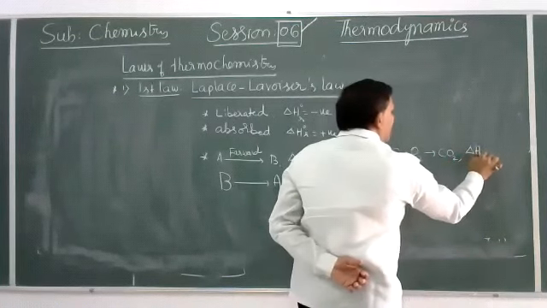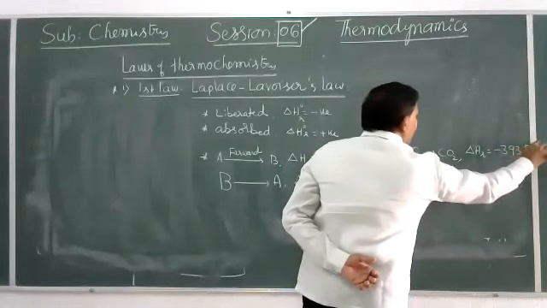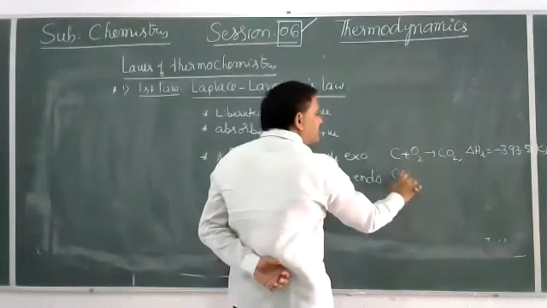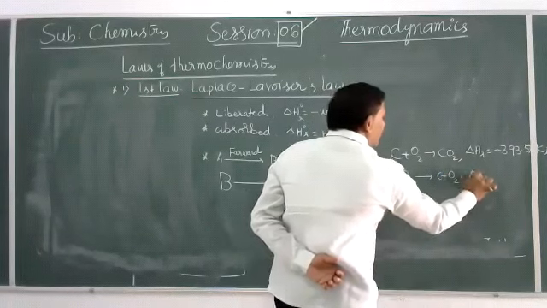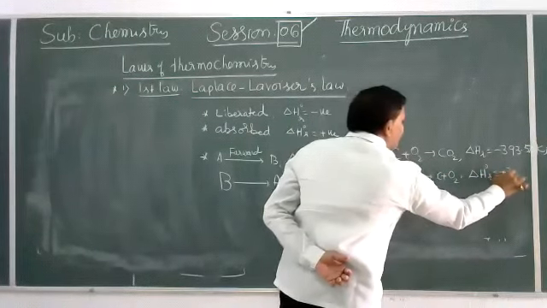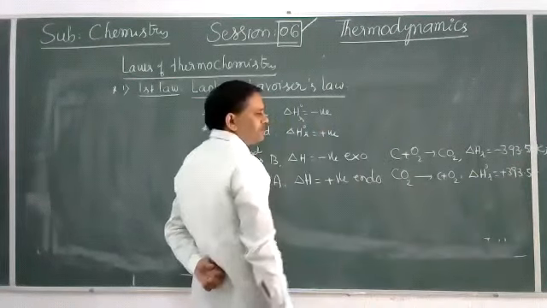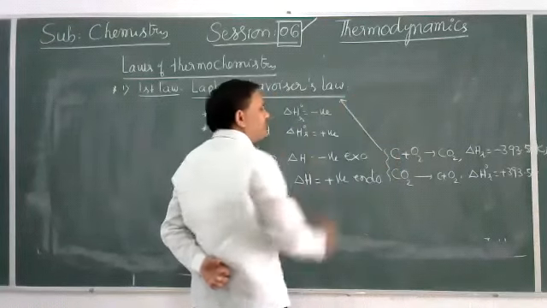Delta H R is minus 393.5 kilojoules. When it is reversed, CO2 gives C plus O2. Then delta H naught R is plus 393.5 kilojoules per mole. So by using this, Laplace-Lavoisier stated an important statement.